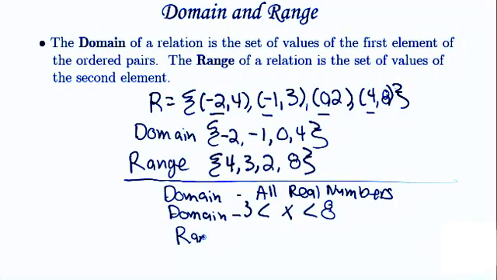The same with the range. It could be all positive integers. So these are some examples of domains and ranges that you can see. And up here, we were just given a specific set of ordered pairs, so it's a very limited domain and range.